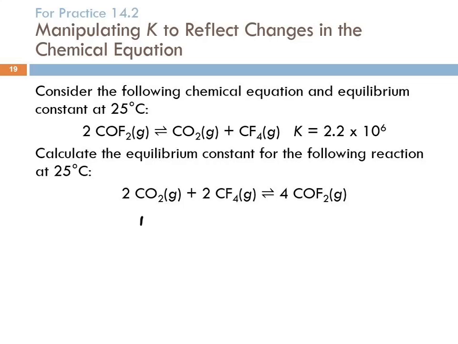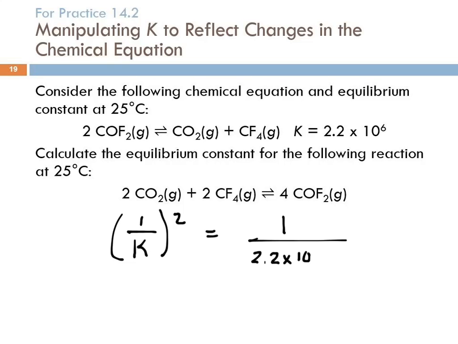So what we need is 1 over K, and we need it to be squared. So we're going to take that original equilibrium constant, 2.2 times 10 to the 6th, and we're going to square it. And you could write this down in ways that might look a little different.